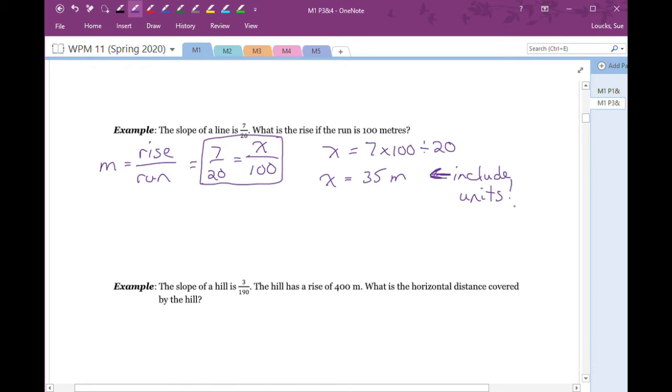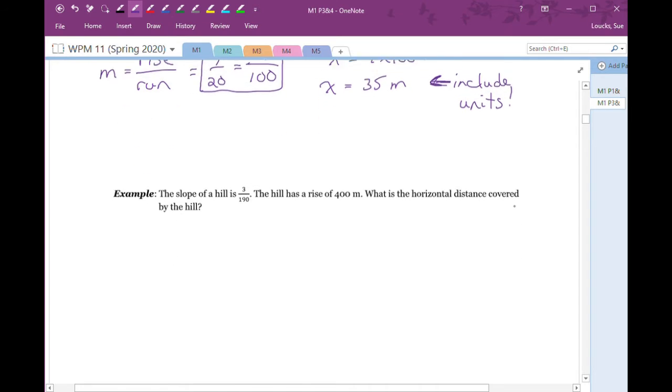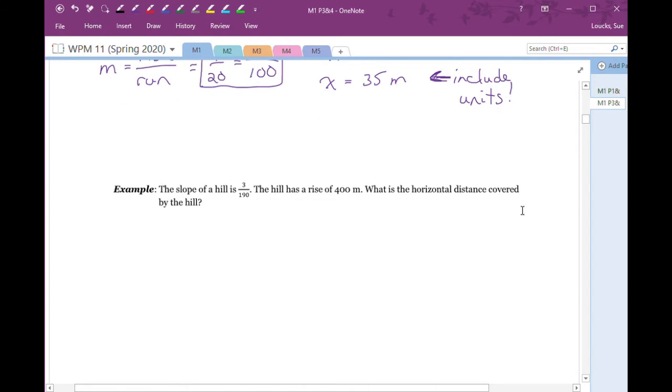Okay, next example. Slope of a hill is 3 over 190. The hill has a rise of 400 meters. What is the horizontal distance covered by the hill? Let's write out our formula. M equals rise over run. Our slope is 3 over 190. We know that our rise is 400 and our run we don't know.